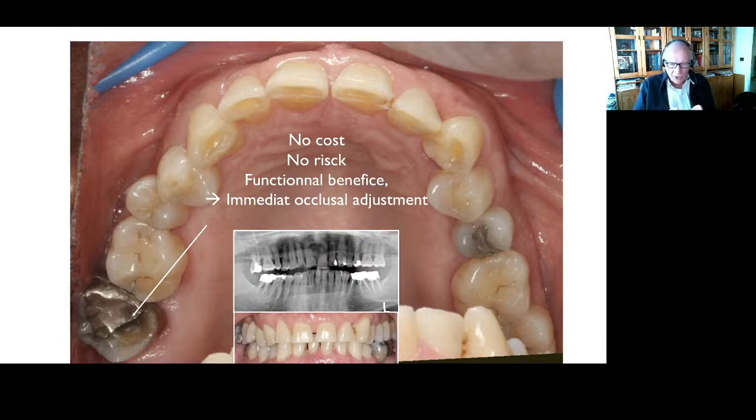For the TMD cases, the diagnosis is clinical examination and panoramic radiograph. You must have a clear diagnosis, and we have a clear diagnosis in perhaps 80% of the patients.